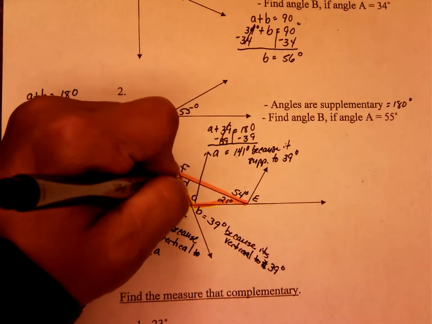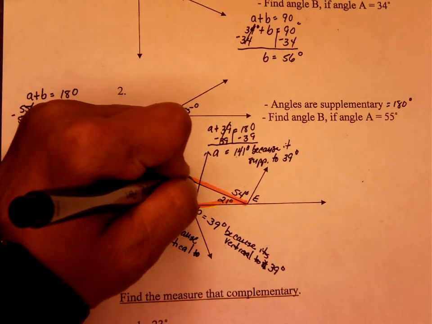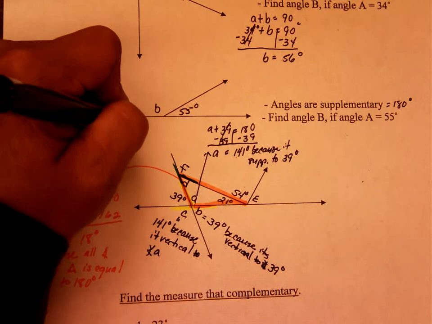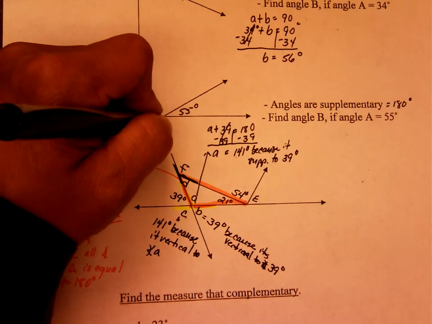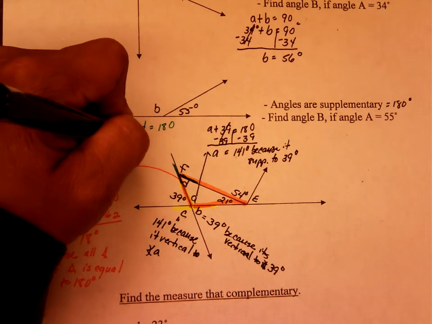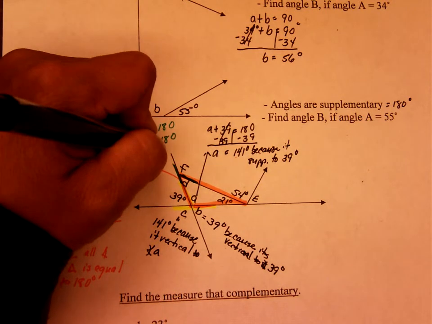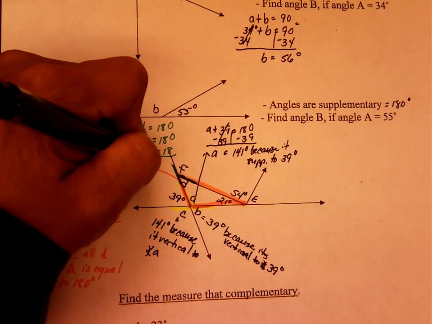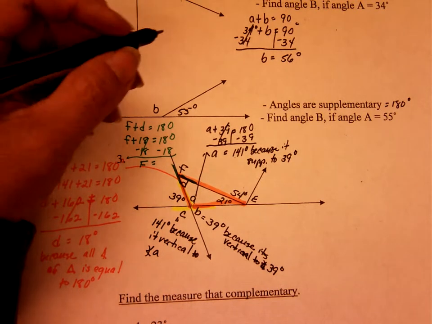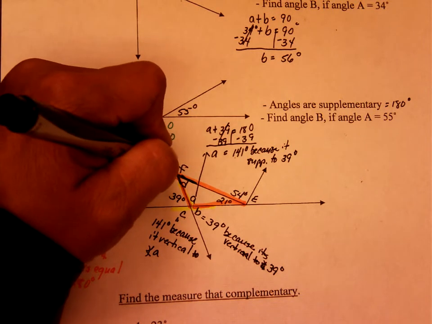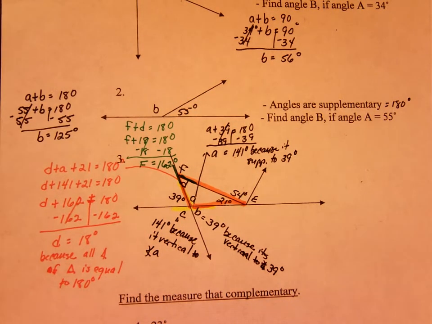So now if I highlight this part, look at this. What does that form? Hopefully you had said that it forms a supplementary angle. So now you have F plus D is equal to 180. F plus 18 is equal to 180. Subtract 18, and F is equal to 162 degrees. Okay?